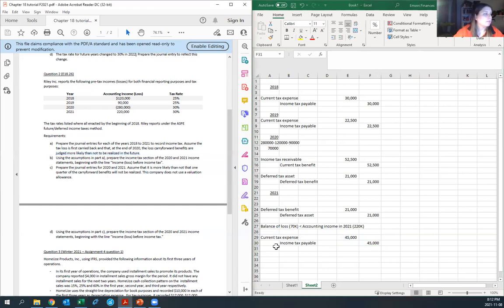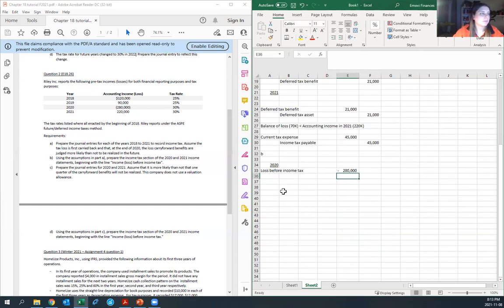For B, using the assumptions in Part A, prepare the income tax section of 2020 and 2021 income statements, beginning with the line income loss before income tax. So for 2020, you're going to have your loss before income tax. It's minus 280,000. You're going to have your income tax benefits.